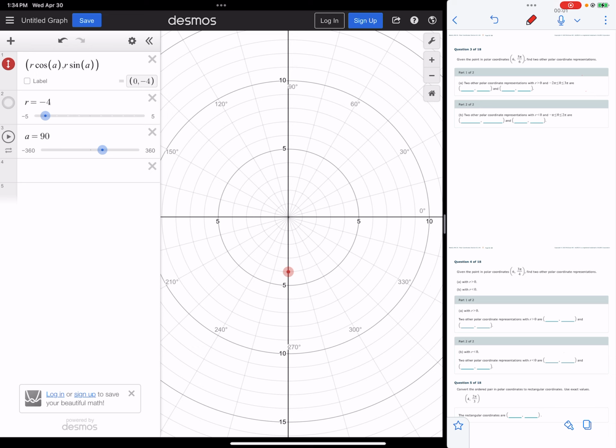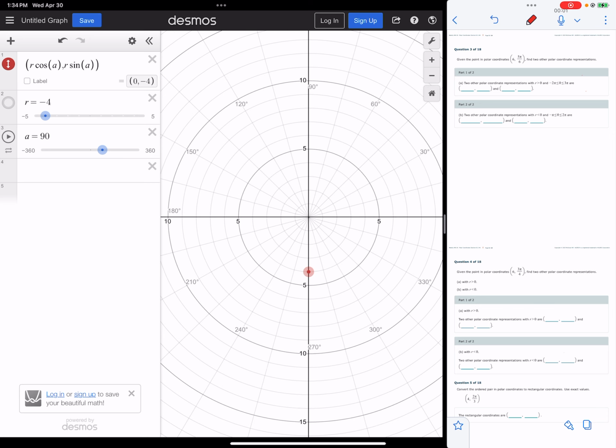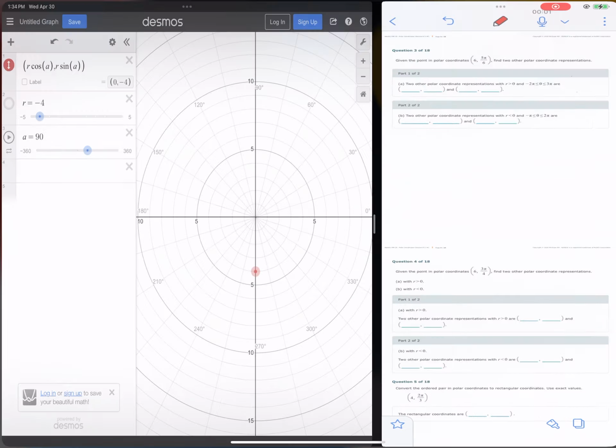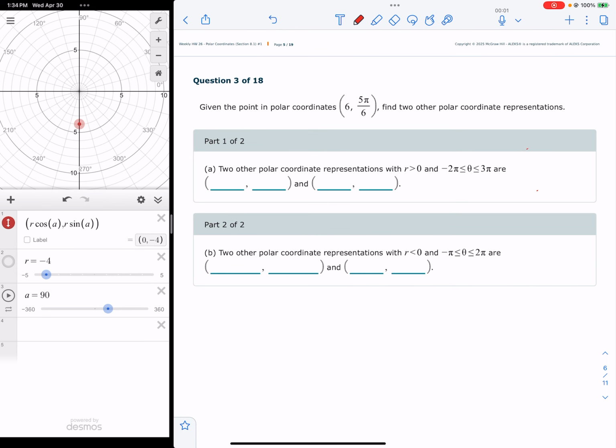That'd be one way. I could also go up to pi over 2 and do negative 4. It'd get you in the same position. So in this whole section, that's what they're asking you to do, name it in other ways. If you follow this pattern, it'll work every time.